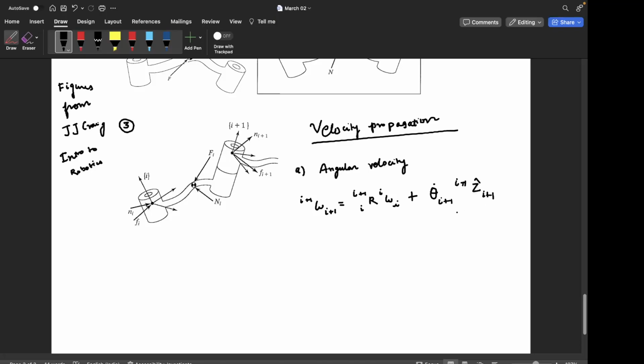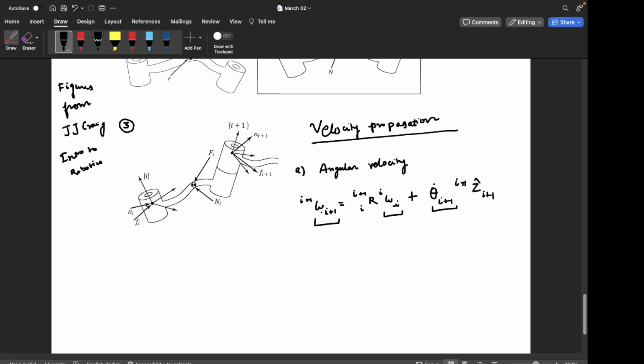The angular velocity of the I plus 1th link is the summation of the angular velocity of the previous link and the joint rate of that joint. Since this is a frame dependent form of the equation, each term in this equation is expressed in the I plus 1th frame.